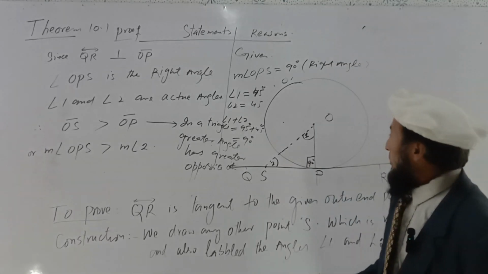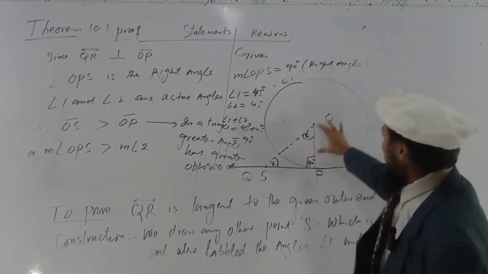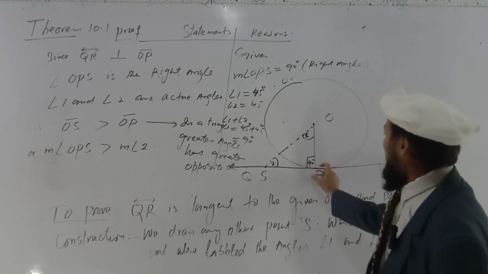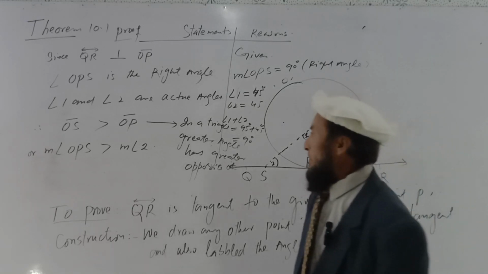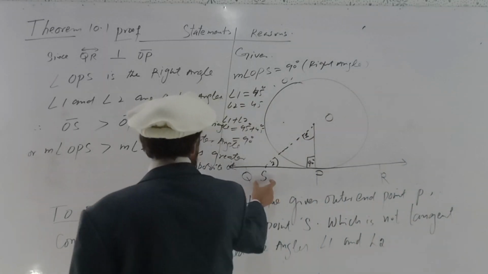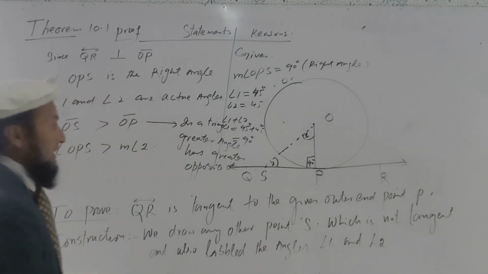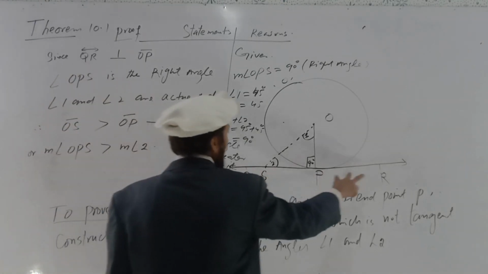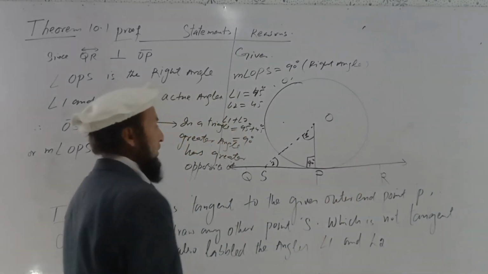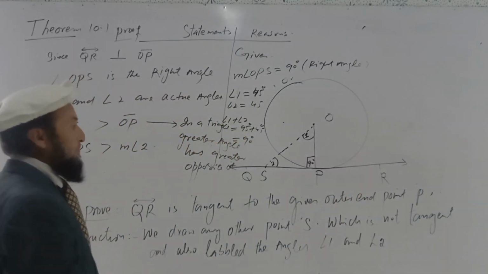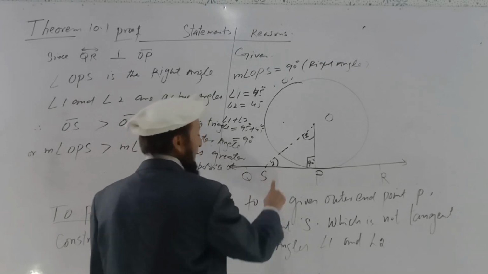So now OP is the radial segment and S is any other point which does not touch the circle. So QR is a tangent at just one point, that is P, and not S.